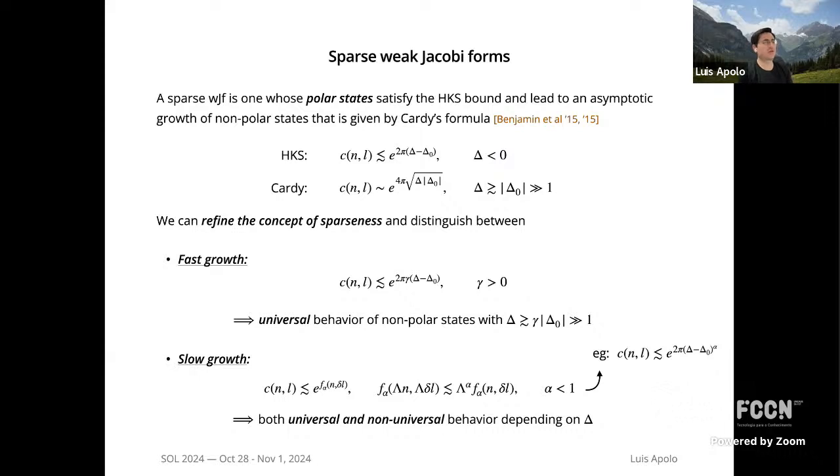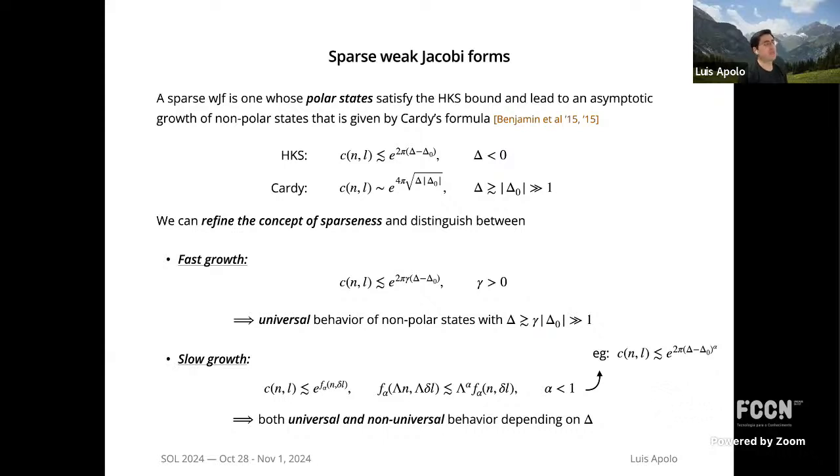And when the weak Jacobi form has fast growth, we will see that the behavior of the asymptotic density of states is going to be universal, okay? And it's going to be universal provided you are in this regime where delta scales again linearly with delta naught, but up to some number gamma related to the gamma that appears here.